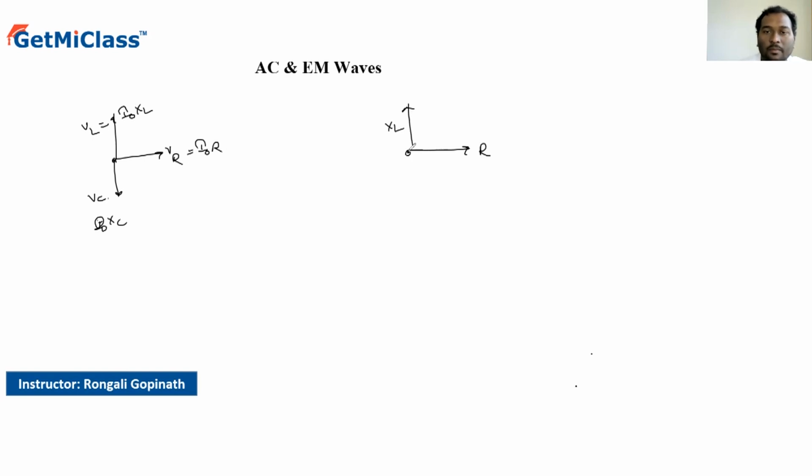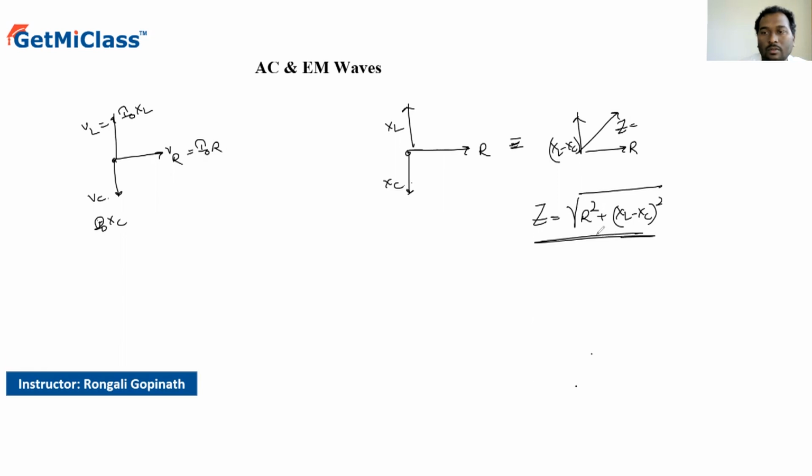This is XL and this is XC. XL and XC are opposite to each other, so it can be simplified as XL minus XC and R. The resultant of this is Z, which is nothing but the square root of R square plus XL minus XC whole square. This is called the impedance of the circuit. Right?